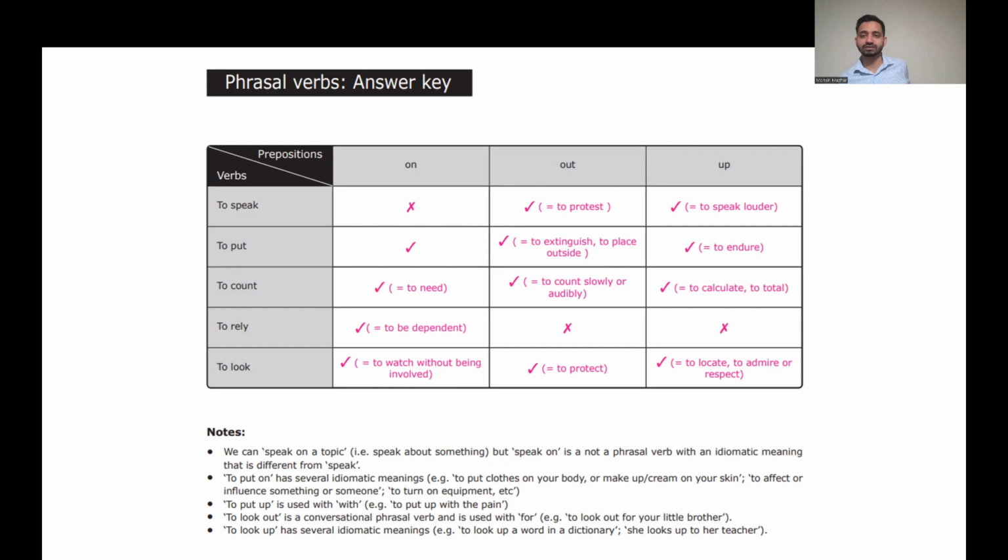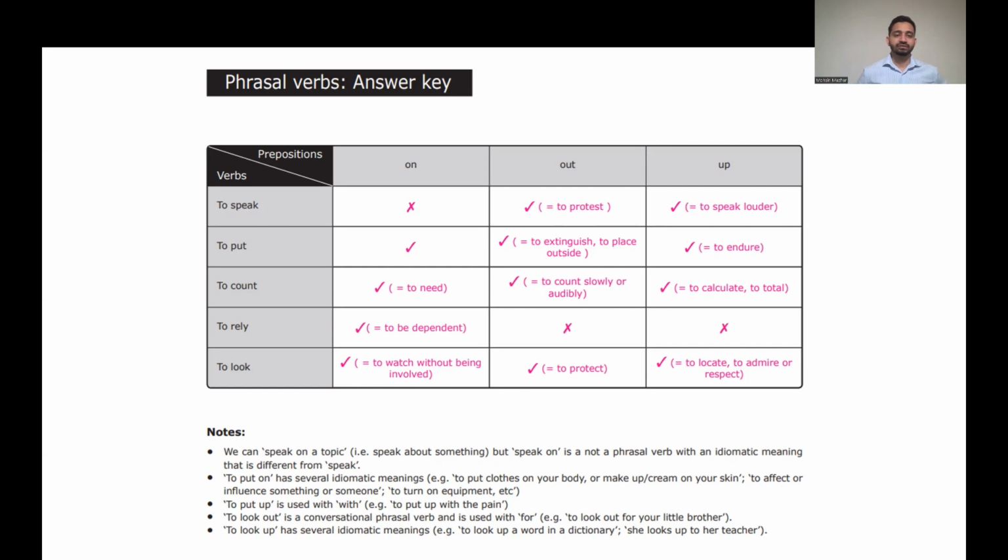You got it right, because these two do go together. So we can speak on a topic, that is, speak about something. So I'm speaking on PT at the moment, right? Or I'm speaking on reading and writing at the moment.